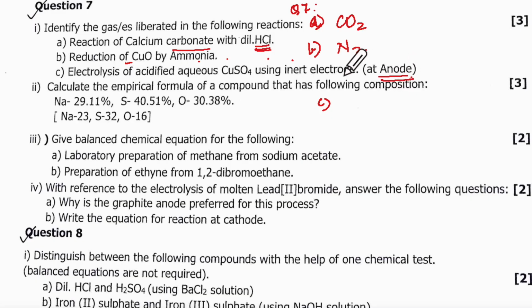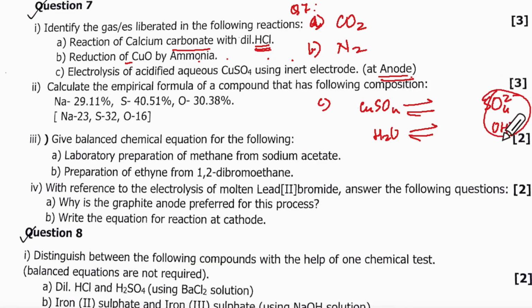Electrolysis of acidified aqueous copper sulfate using inert electrodes, at the anode. Using inert means platinum. CuSO4 dissociates and water also dissociates, so you will have the anions like this. Out of these two, which one will get discharged at the anode? This one, OH.